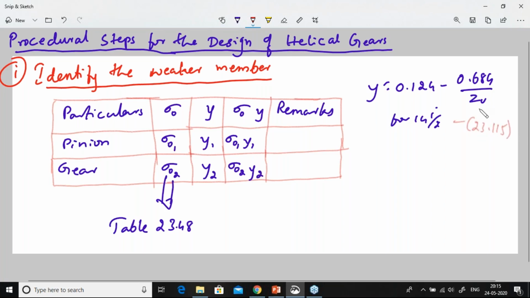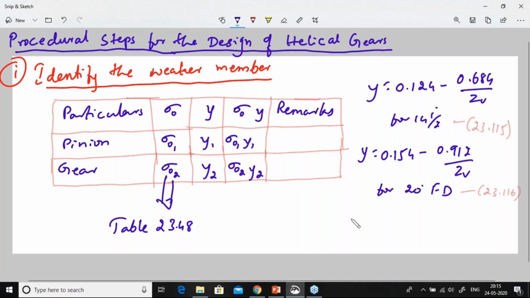In the data handbook, it is not with respect to ZV, it is with respect to Z. Next, y is equal to 0.154 minus 0.912 divided by ZV. This is for 20 degree full depth involute. This equation is 23.116.